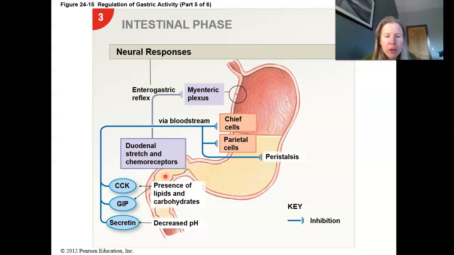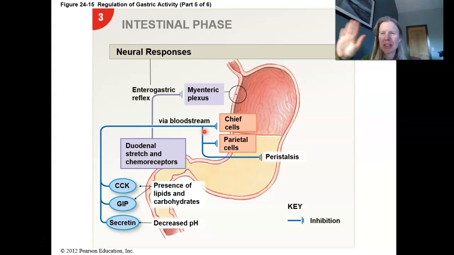You'll also notice here the presence of certain foods in the small intestine is going to have a reaction. So for example, cholecystokinin, that's one that I talk about quite a bit. These have a feedback on the stomach as well, saying stop, right?